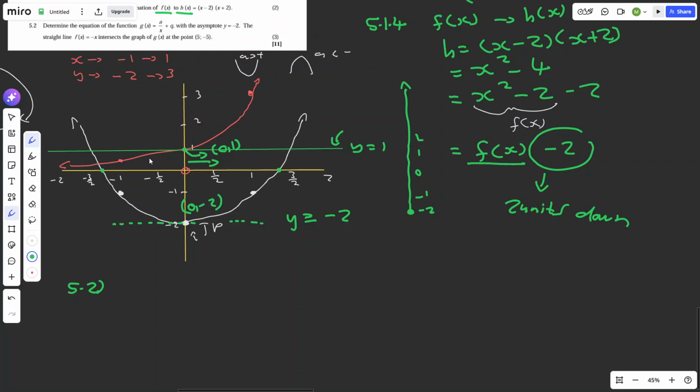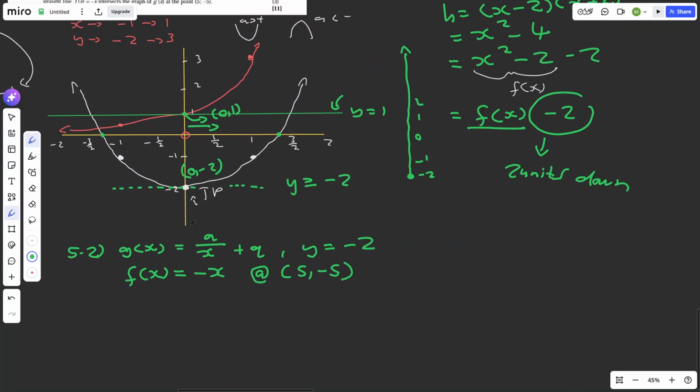We want to determine the equation of a function g of x is equal to a divided by x plus q. So this is a hyperbola and it has an asymptote y is equal to -2. We are also given that f of x, which is a straight line, is defined as -x. And this function here intersects the graph g of x at 5 and -5. So what does this mean here?